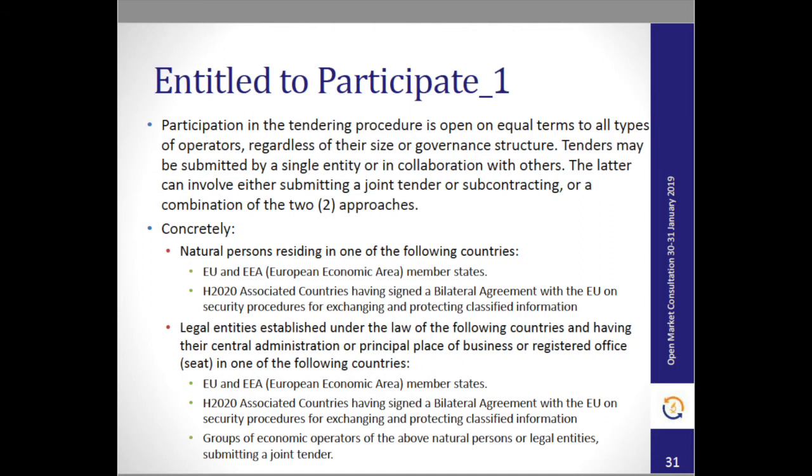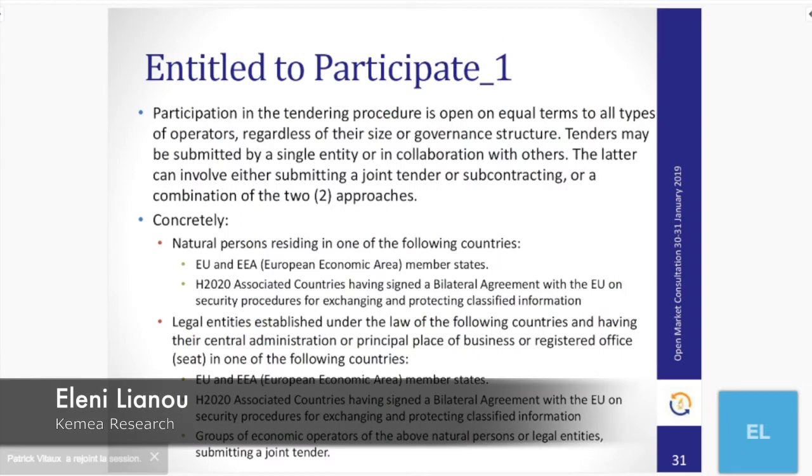So more completely, every natural person residing in one of the following countries: countries of the European Union, of the European Economic Area member states, Horizon 2020 associated countries having signed a bilateral agreement with the European Union specifically on security procedures for exchanging and protecting classified information. And of course, legal entities established under the law of the same countries as we mentioned above.